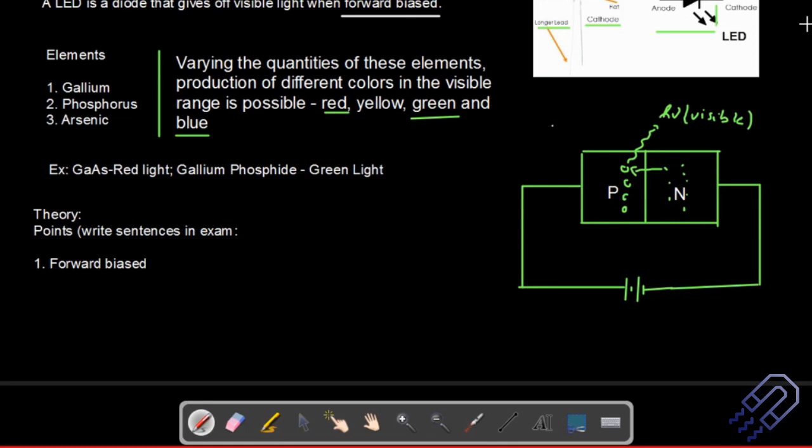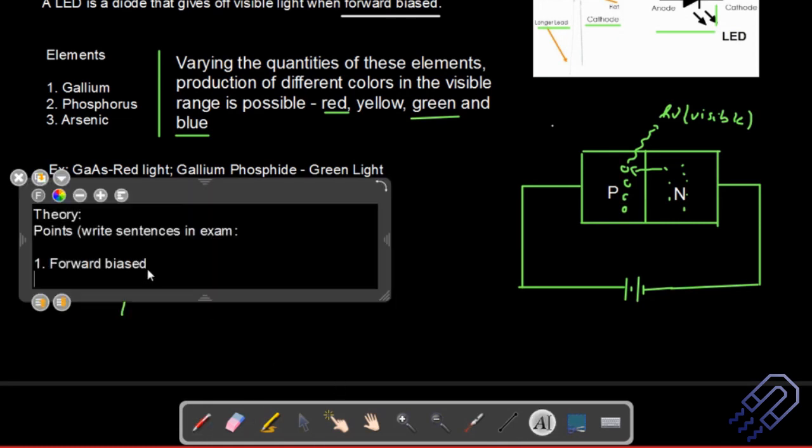So what we can write down as some important points is this.